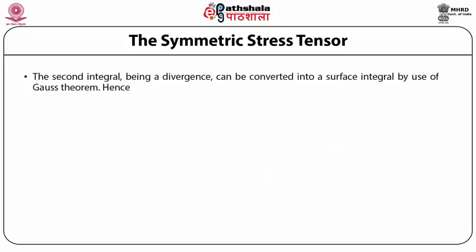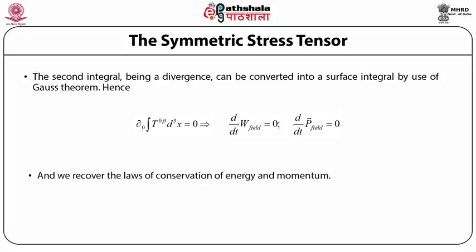The second integral, being a divergence, vanishes on use of Gauss theorem, and hence we get ∂_0 ∫T^{0β} d³x = 0, which implies that dP^β/dt = 0. Here we recover the laws of conservation of energy and momentum.